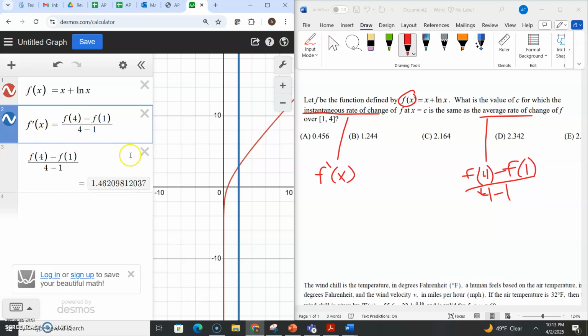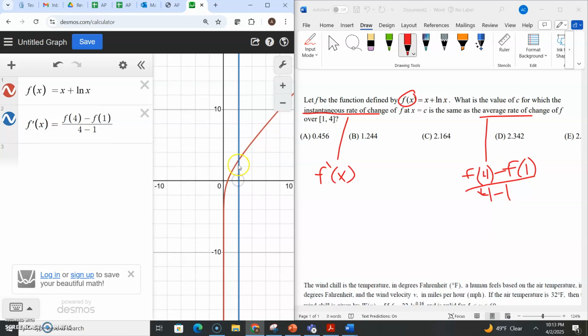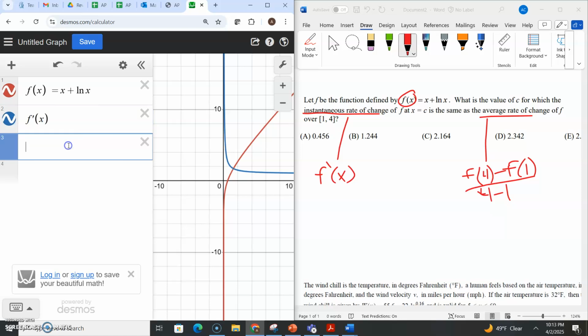By setting them equal together in Desmos, we can find this value right here on the curve. And let's do it this way because it's not showing our value. And we are going to set them equal.